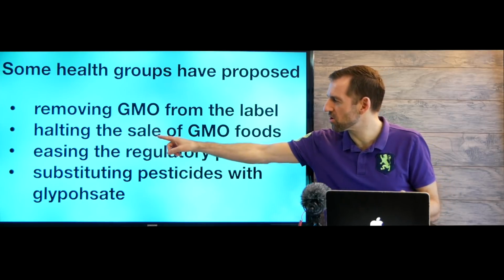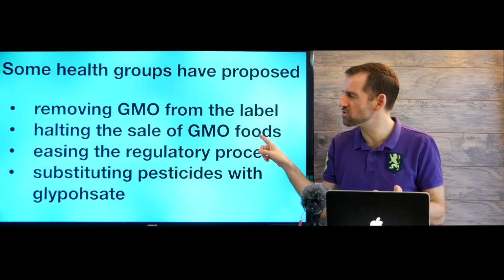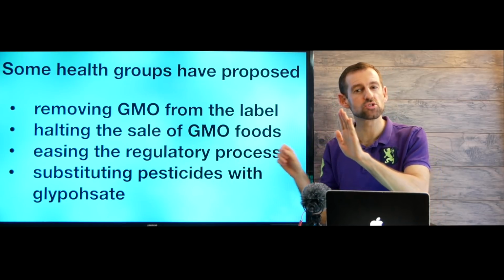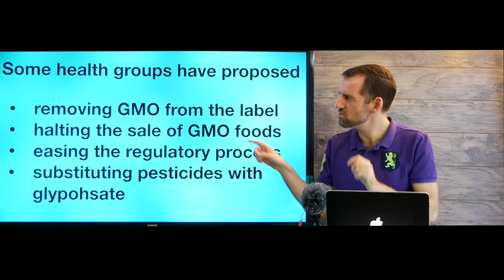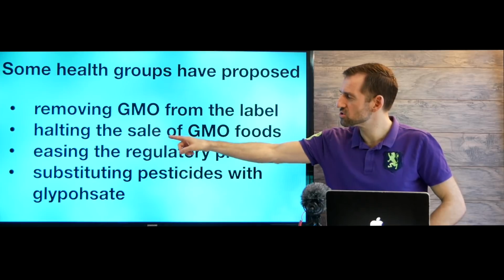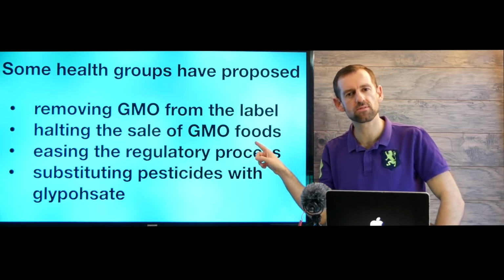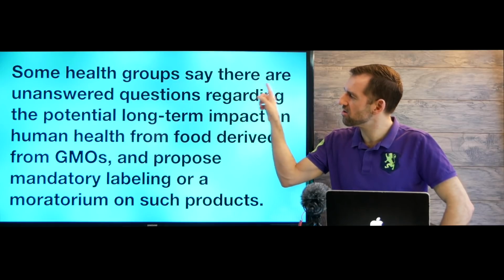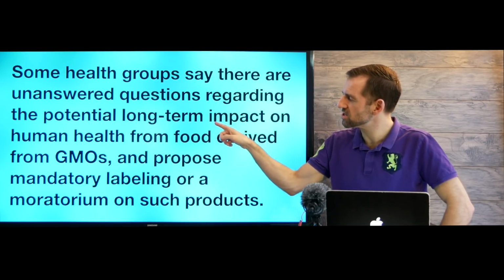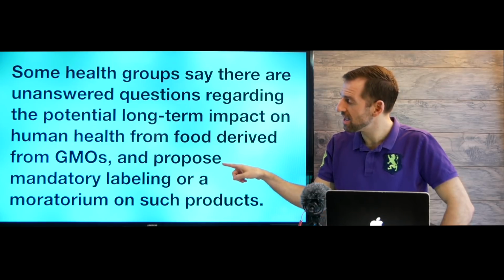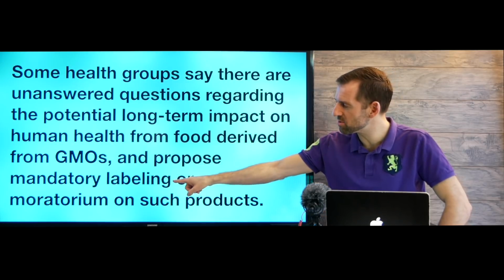So what about this one? Halting the sale of GMO foods. What does halting mean? Halting means stopping. Do some health groups want to stop, or did they propose stopping the sale of GMO foods? Yeah, look at this. Some health groups say there are unanswered questions regarding the potential long-term impact on human health from food derived from GMOs and propose mandatory labeling.